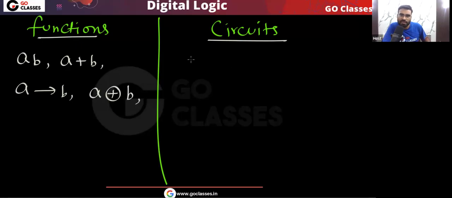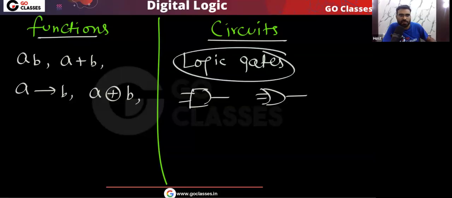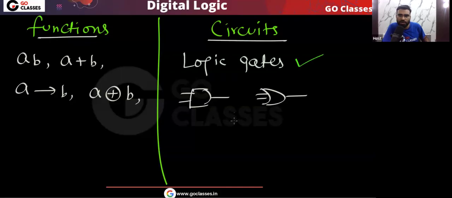And what are circuits? For example, logic gates. Logic gates are digital circuits, for example AND gate, OR gate. Logic gates are digital circuits that you already know. For example, a multiplexer is a digital circuit.